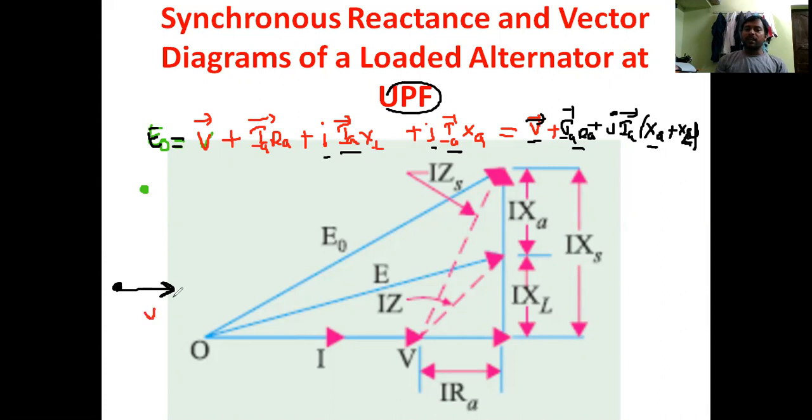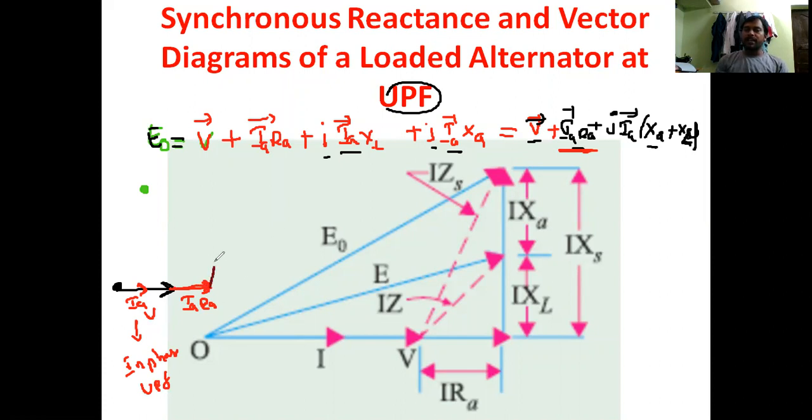This is in phase with V, because for a UPF load V and IA are in phase, so the IA RA drop is also in the same direction as IA. This is the IA RA drop, which is similar to the transformer phasor diagram.